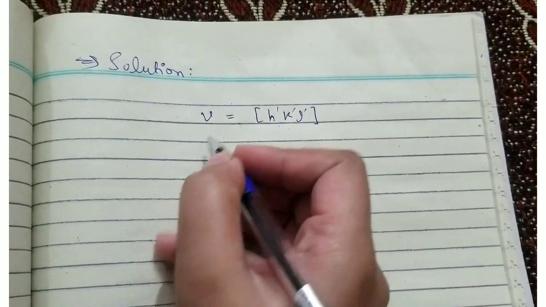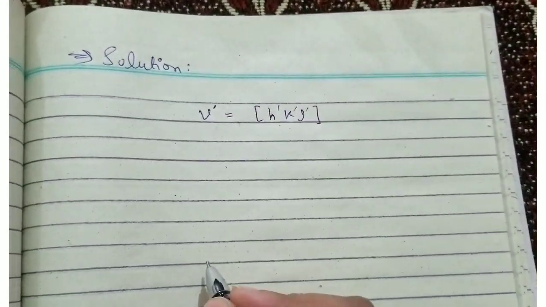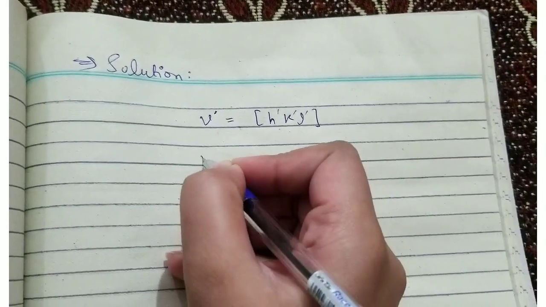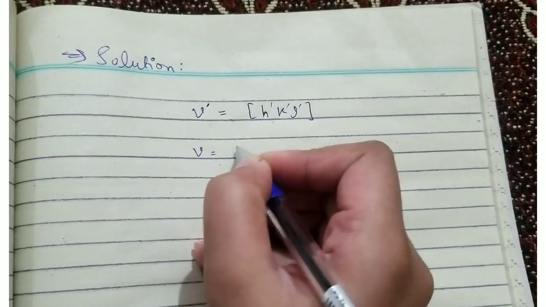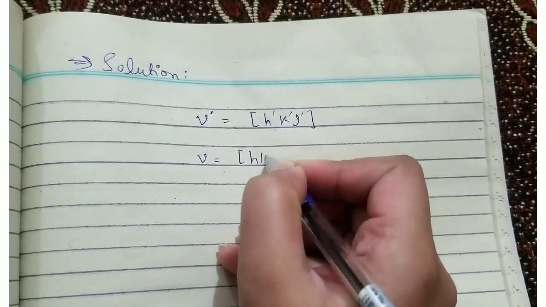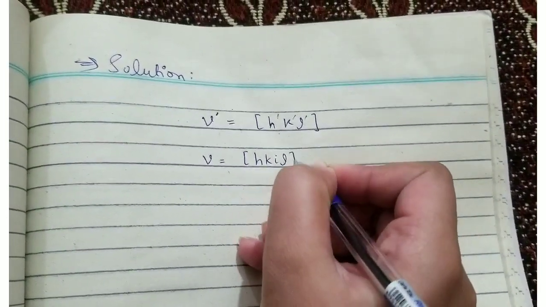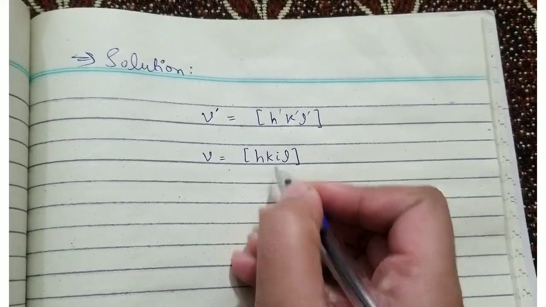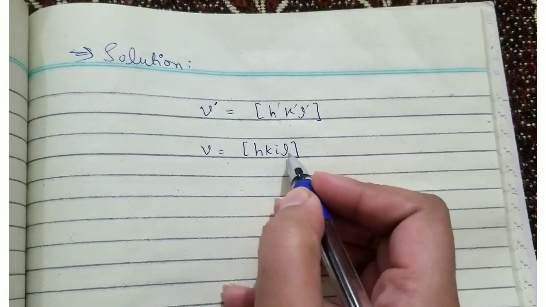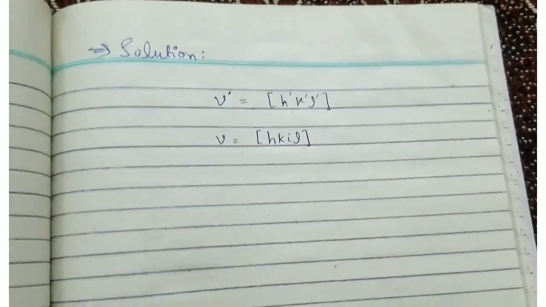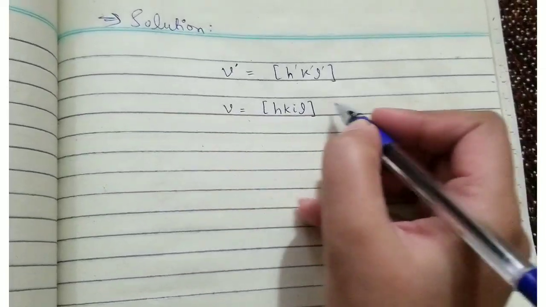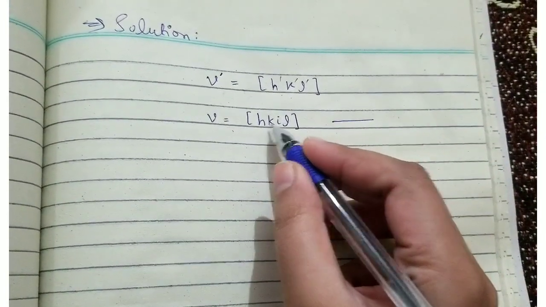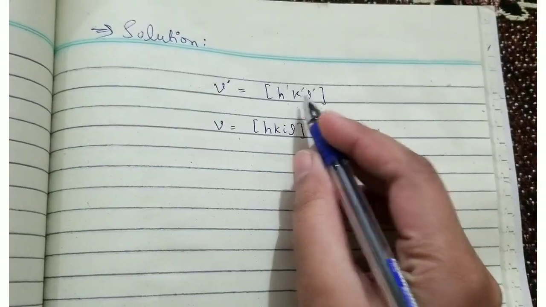We want to convert that, and let's use v' also here, to determine the direction in terms of the four-digit index system. There is an extra index here which is i: h, k, i, and l. This is something that we want to determine. We want to determine h, k, i, and l if we are given h', k', and l'.